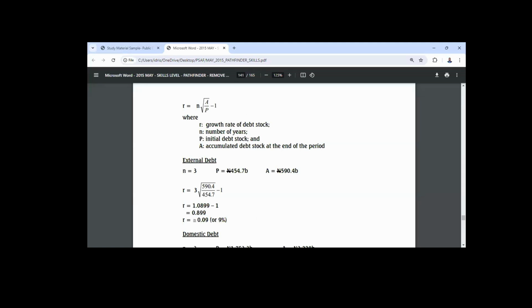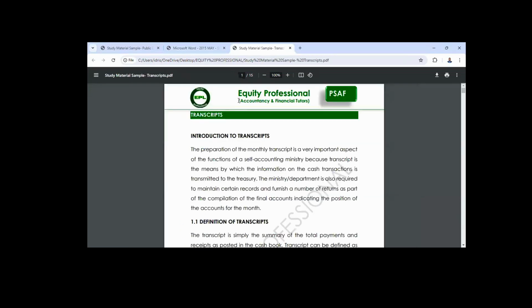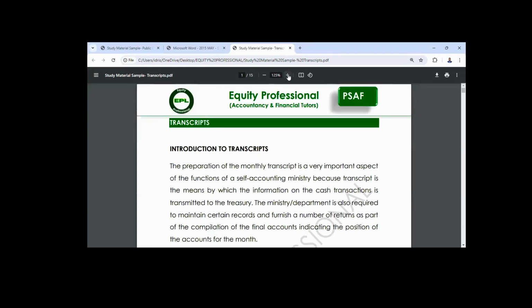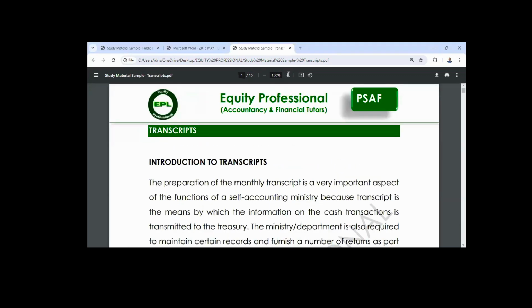In the absence of any question, we can move to the topic of the day, which is transcript.